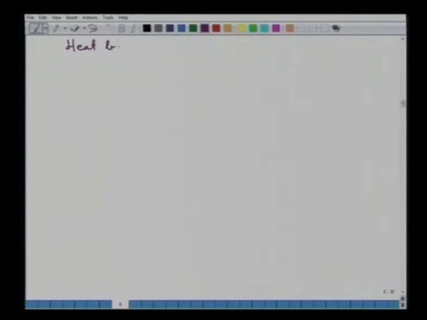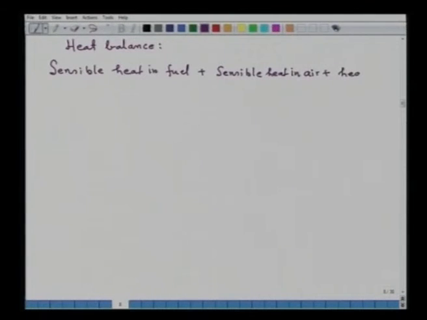The heat balance is equal to sensible heat in fuel plus sensible heat in air plus heat of combustion, which will be equal to heat in products of combustion.